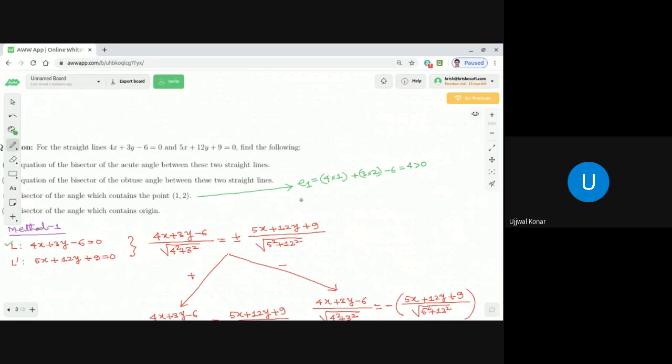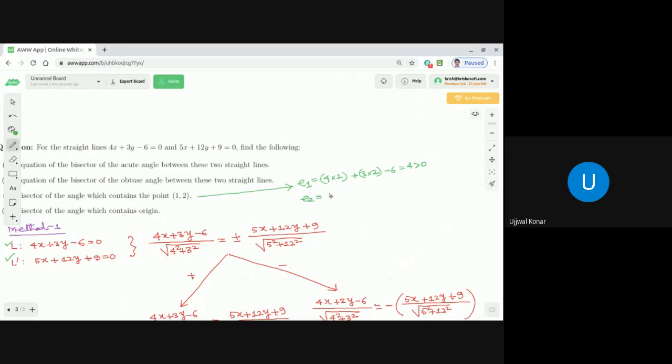And we find the value of E2. E2 is from the second equation of the straight line. In the expression, we take 5x plus 12y plus 9. There, instead of x we write 1, and instead of y we write 2.